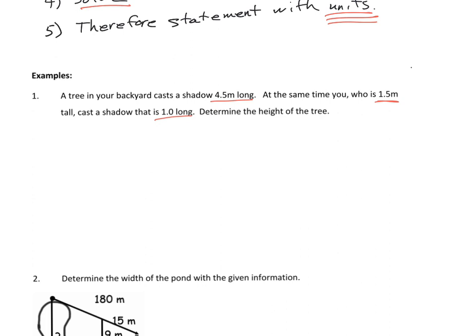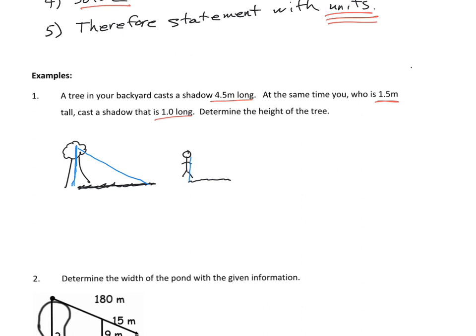So let's quickly draw that scenario. Imagine you have a tree like we have right here, and we have our person standing. Now, we're going to isolate and create a triangle for the tree. There's the height of my tree, and there's my triangle.